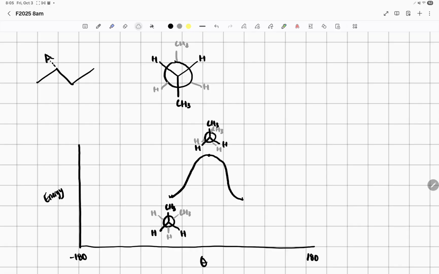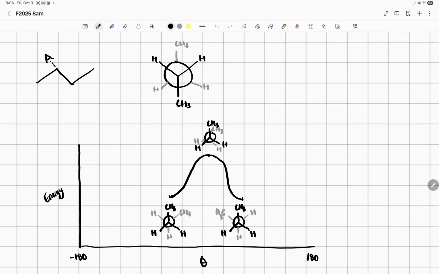Now we can take this, and just for the sake of seeing what it looks like, if we rotate simply the other way, if I can get this to paste, there we go. The other group would simply be if we rotated the other direction. Again, it's a symmetrical molecule, so it doesn't necessarily matter which way we're rotating.